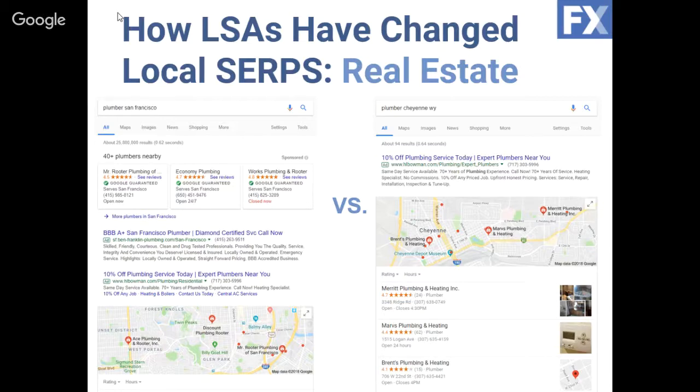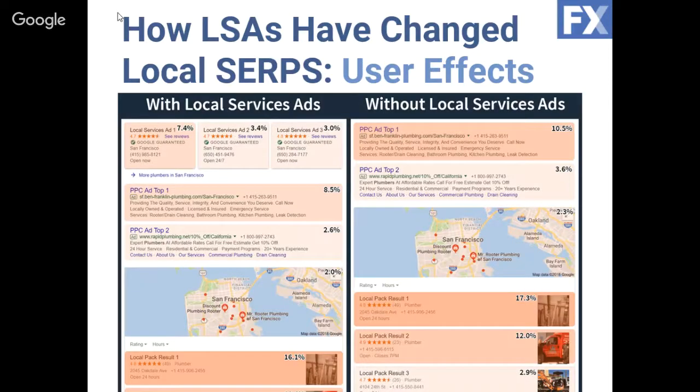So it's really changing the way that people interact with it, and the biggest part is the fact that it is at the top of the page. If you're going to utilize local service ads in your marketing efforts, you have the opportunity to be at the top of the page, to have presence at the top in PPC, in local, in organic, throughout, and have multiple touch points, which gets us into the next major change.